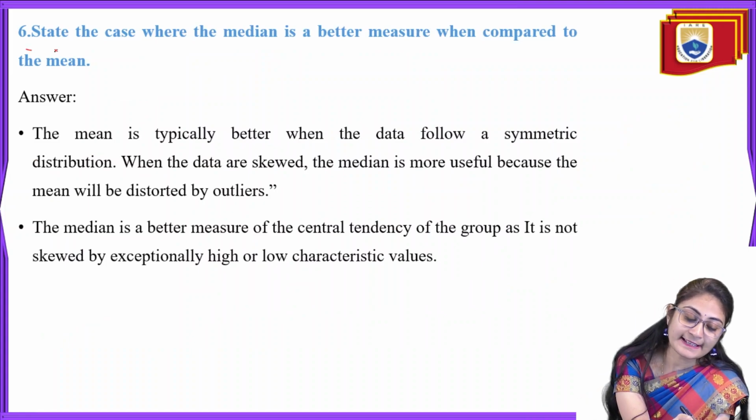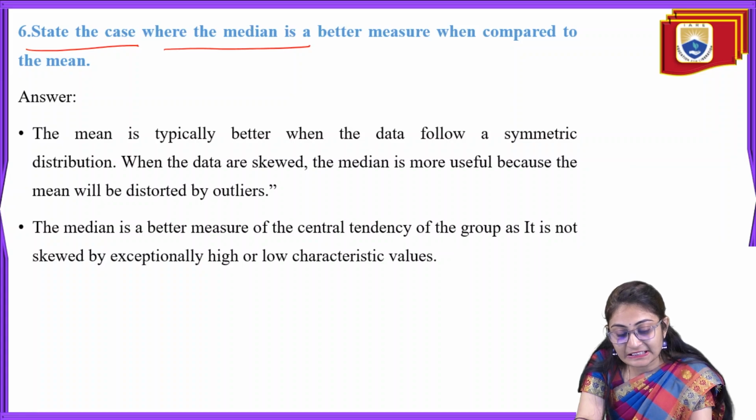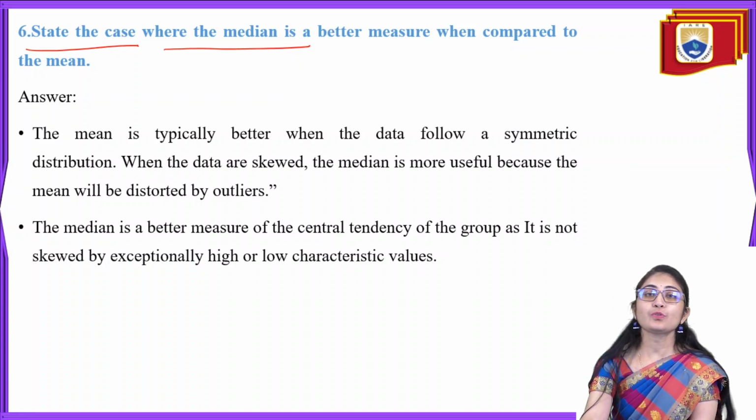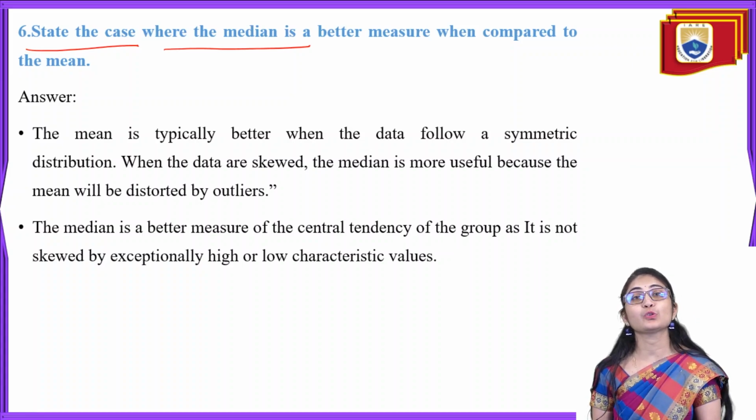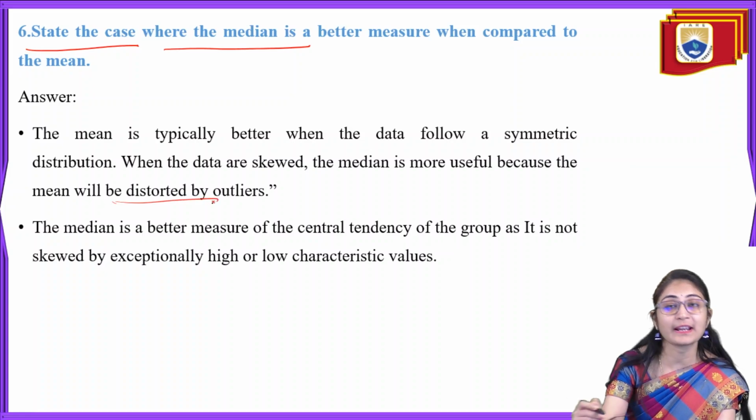Next one: state the case where the median is a better measure when compared to the mean. The mean is better when data follows a symmetrical distribution. When the data are skewed, the median is more useful because the mean will be distorted by outliers.